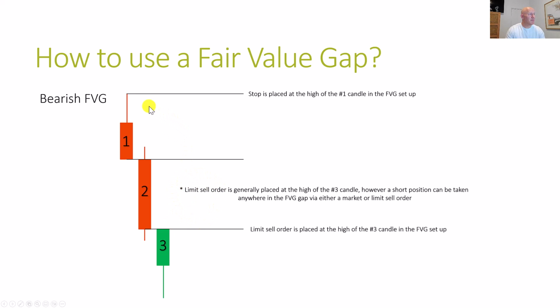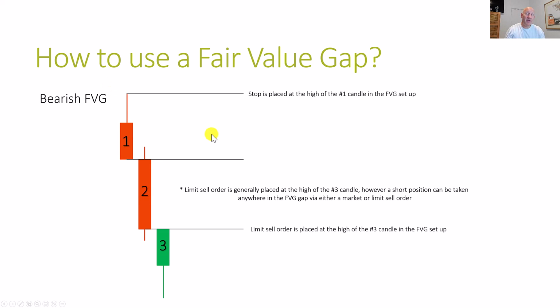Now our stop would be placed at the high of that first candle. And again, like with our bullish fair value gap, if the wick of this second candle is higher than the high of that first candle, we would use that as our stop. And again, if there's any relevant swing high in the region of this bearish fair value gap, you can use that as a reference point for your stop as well.